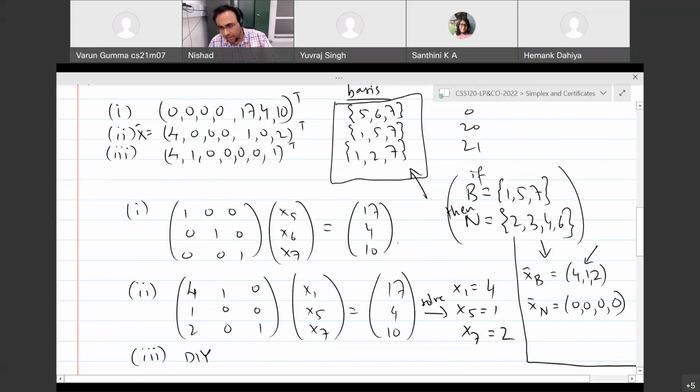They happen to be non-zero in this example, and I think in all of the solutions we found. What is important is that the non-basic entries have to be 0. And when you solve the system for just those columns which are in the basis, you may get zeros somewhere, but you may not. So the important part is that this is 0.